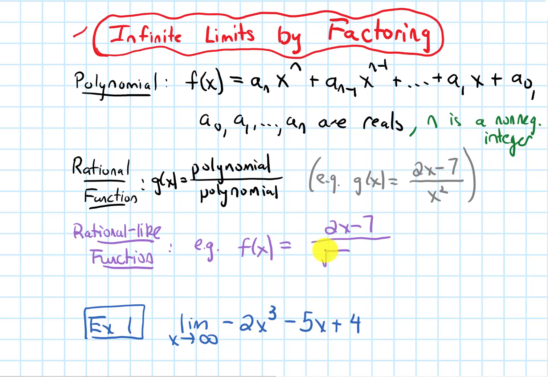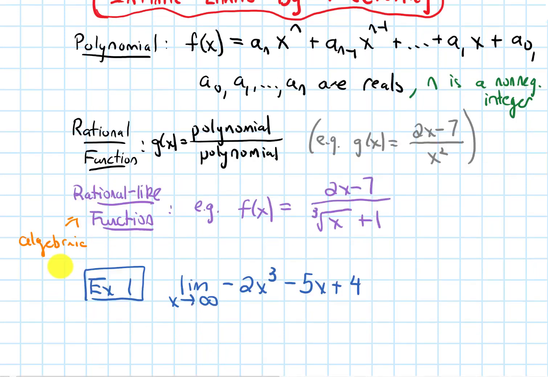If I had a cube root of x, that's x to the 1/3, I have a fractional power, and then plus 1. This is the type of thing I'm going to call a rational-like function. The more technical term for functions like this is algebraic. But the ones that we're going to see look so similar to rational functions, which is why I'm calling them rational-like.